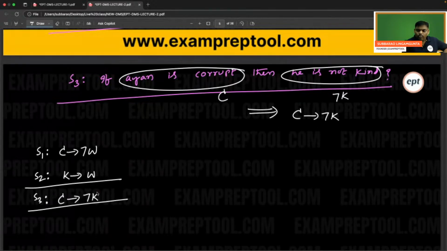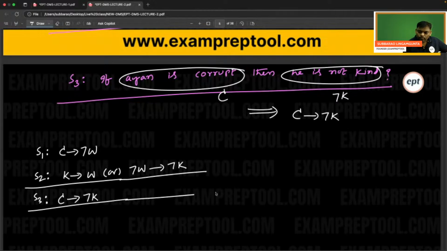Now, if you observe clearly, K implies W can also be written as negation W implies negation K, the contrapositive.